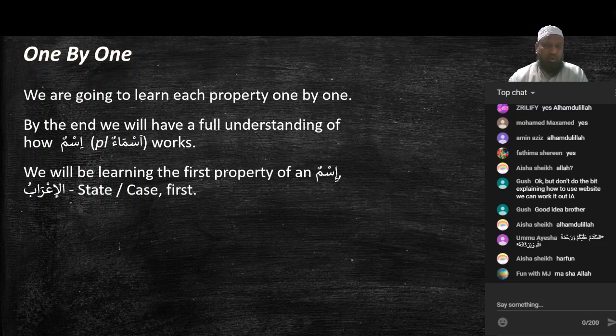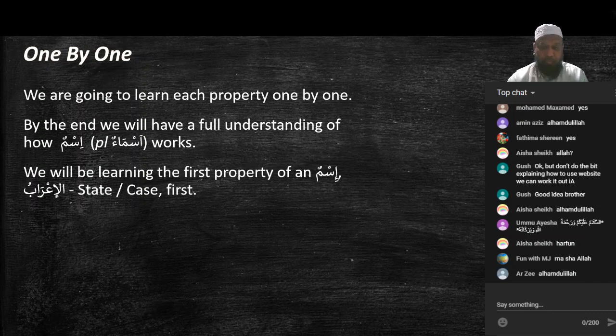Okay, so what we have learned in this lesson today is that ism has four properties, four characteristics. Number one, al-i'rab. Every ism will have i'rab. I'rab means, first, a state. In Arabic, there are three states an ism can be in.